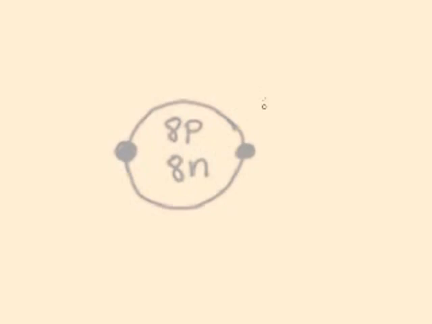This will be the first energy level, and on this one, of course, we have two electrons, and in the nucleus we have 8 protons and 8 neutrons. Now this part is not that important, and that's why it has this color. Now the second energy level, or the outer energy level, this is the important one.